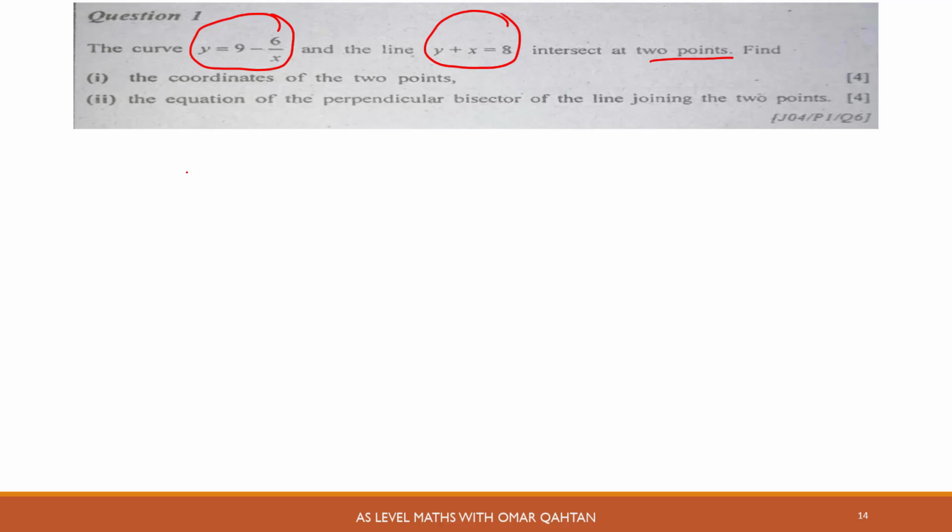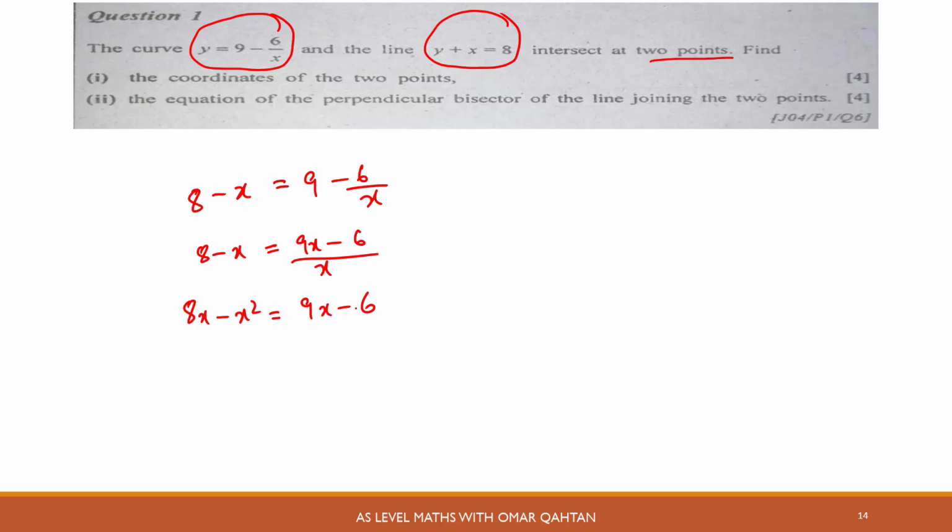So y equals 9 minus 6 upon x, and y equals 8 minus x, so 8 minus x will be equal to 9 minus 6 upon x. We'll start solving it by taking 8 minus x is equal to 9x minus 6 upon x. Then 8x minus x square is equal to 9x minus 6.